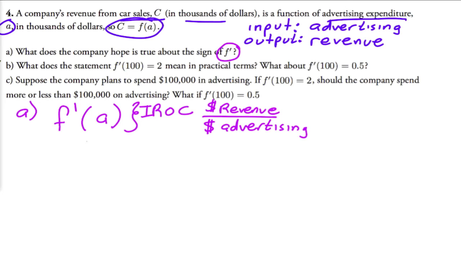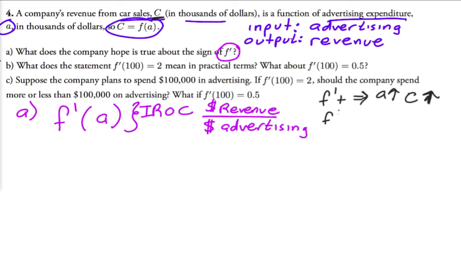If F prime is positive, what that implies is that if advertising goes up, then revenue, or car sales, let's put it, that's C, so car sales, also revenue from car sales goes up.